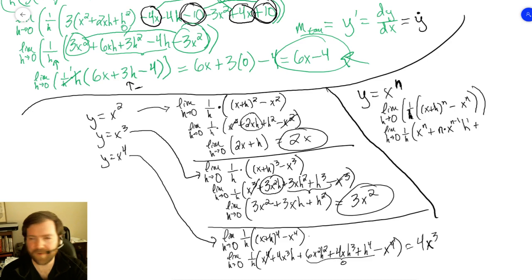I'm not going to get into it, but there's going to be some coefficient, which you don't need to know about right now, times x to the n minus 2 times h squared, and then all the rest of these have more h's.